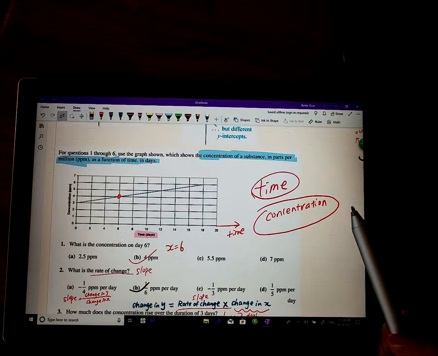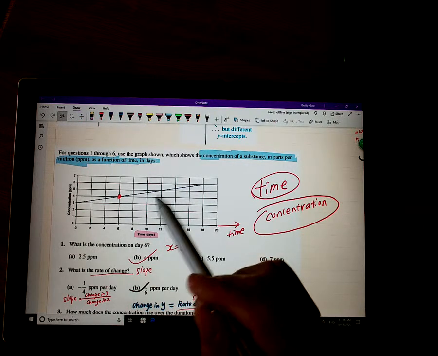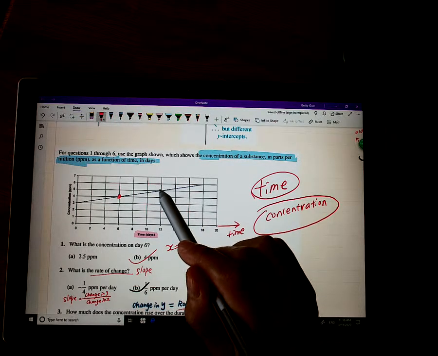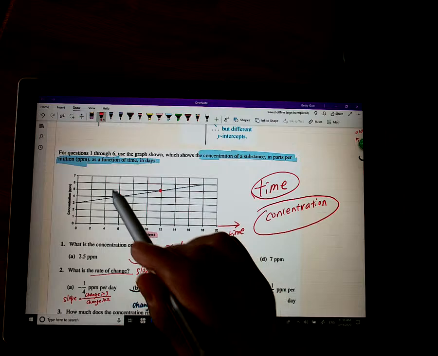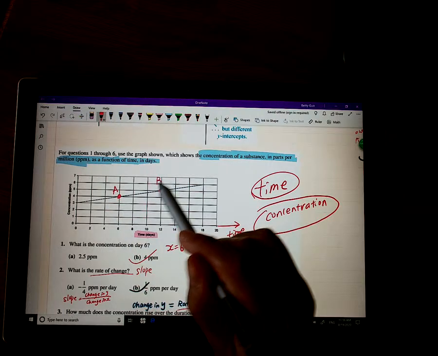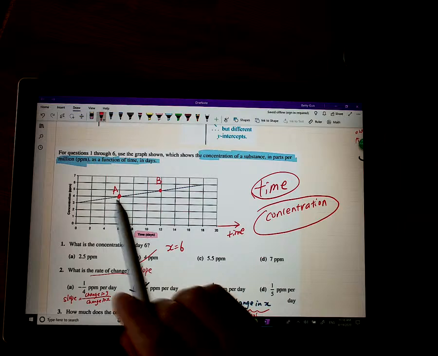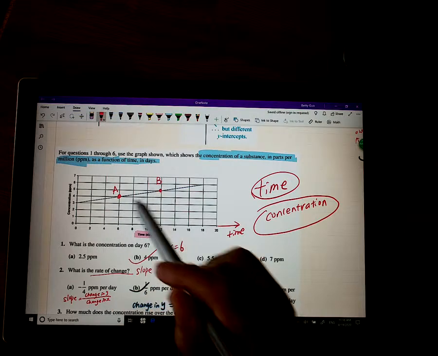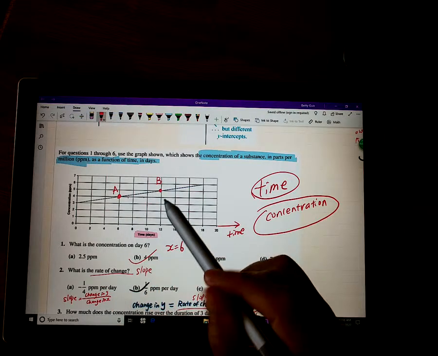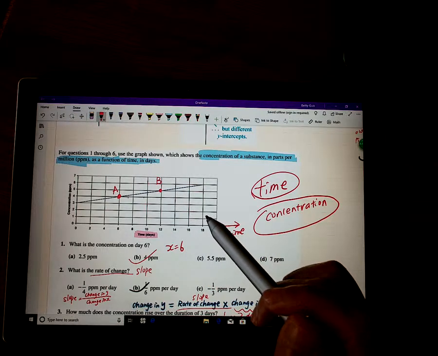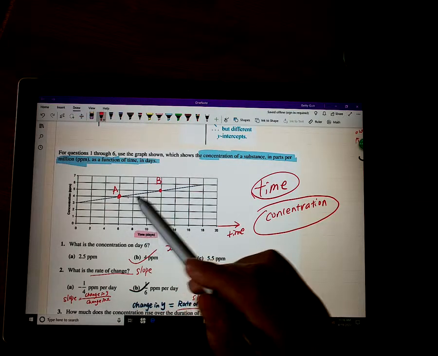Number 2, what's the rate of change? Then we are looking for slope, right? Rate of change. So let's see. For convenience, we can consider those 2 points. If we consider going from A to B, the change in x is 1, 2, 3 units, right? 3 units actually how many days?